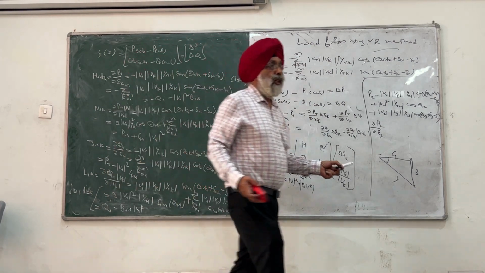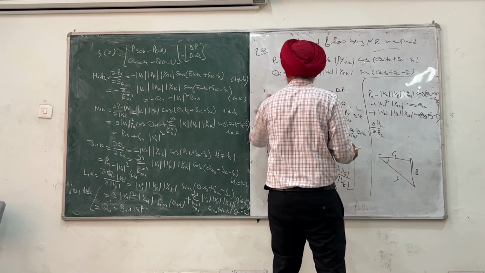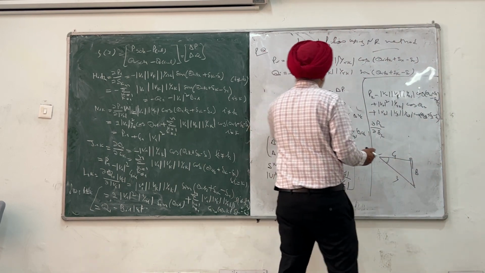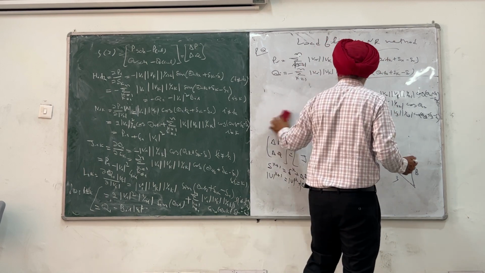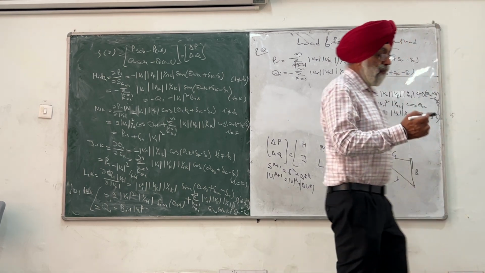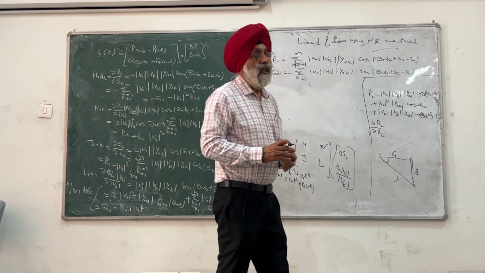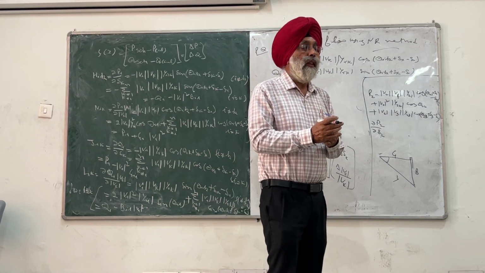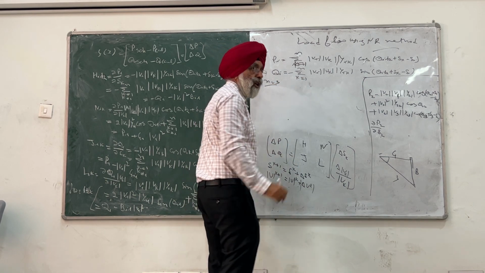Let us suppose we have a three bus system. Our n is equal to 3.